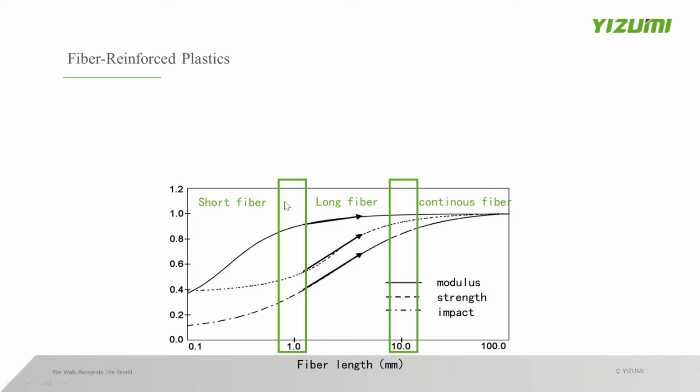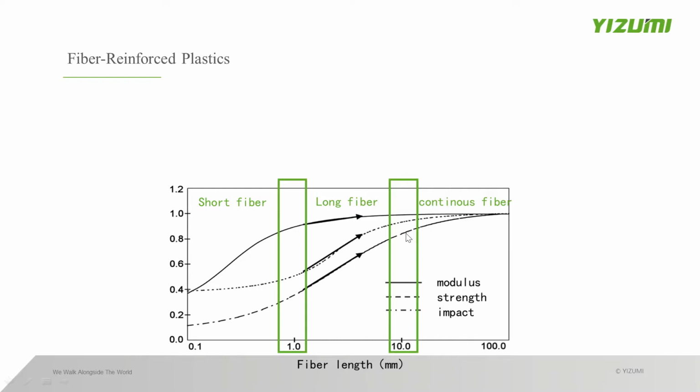So we can go to the second period, the length from 1.0 millimeter to 10 millimeters. For the modulus, you can see here, they just increased 10%. But the stress increased by 80%. And the impact increased more than 150%.